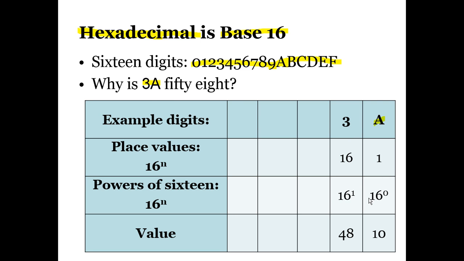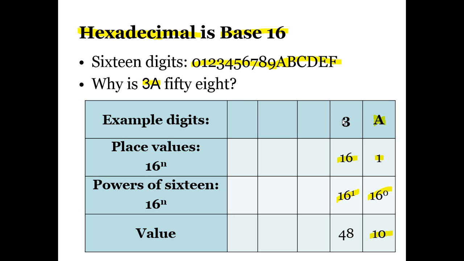The first digit is 16 to the 0 power. 16 to the 0 is 1. The value of the digit A is 10, so 10 times 1 gives us 10. So this particular place is worth 10. The next place is 16 to the first power. Again, our base is 16, and 16 to the first power is 16.